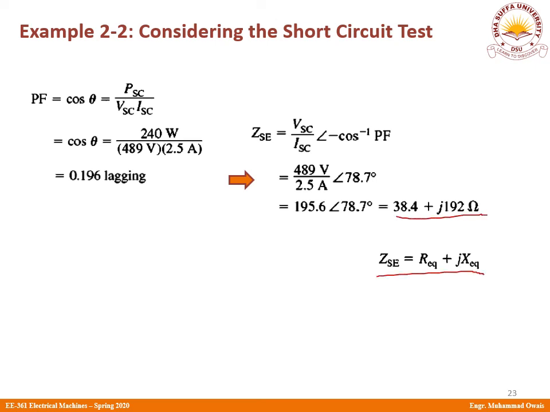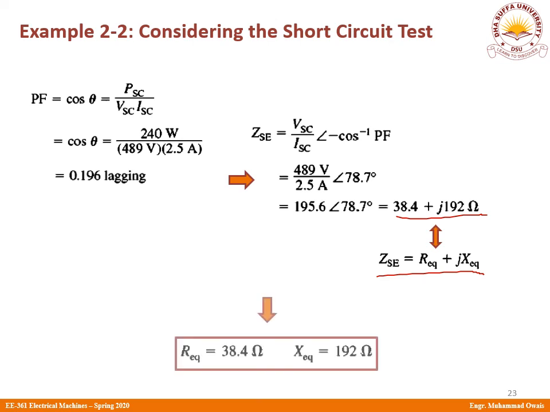So if I simply relate these two together, I will be able to find out the value of R equivalent and X equivalent. यही हमने किया है, इनको relate किया आपस में. And using this relation, we have now successfully found out the value of R equivalent and X equivalent.